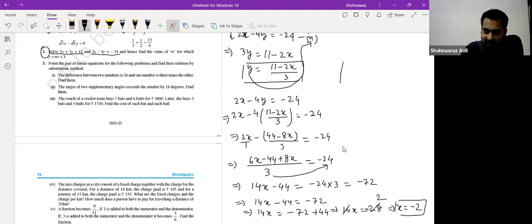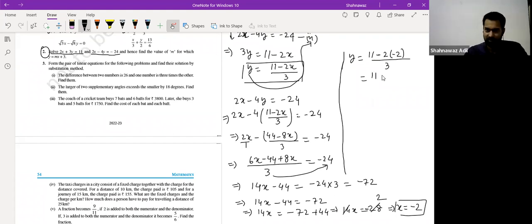So what will be y? Where is y? So here is y. So Adil, please tell me what will be y? 11 minus 2 into what? Minus 2, and divided by 3. So Talha, this will be what?